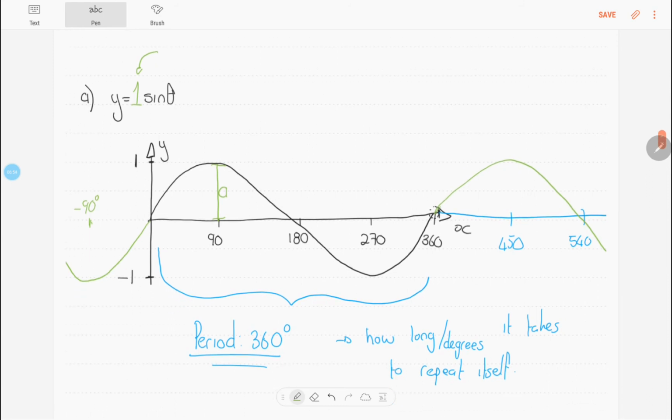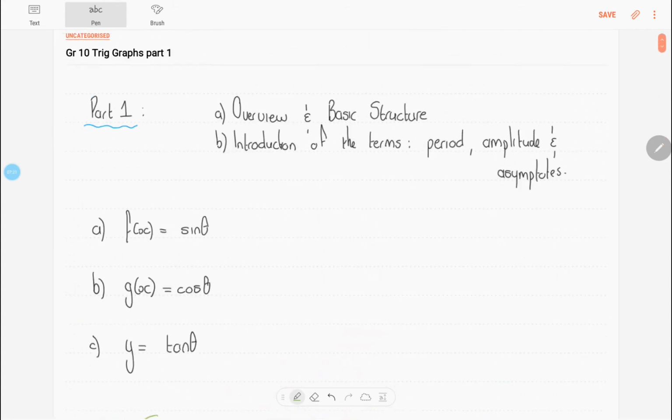Your amplitude is our height, but more mathematically worded, it's our coefficient. The thing in front of sine, the coefficient of sine, or the coefficient of cos, or the coefficient of tan.